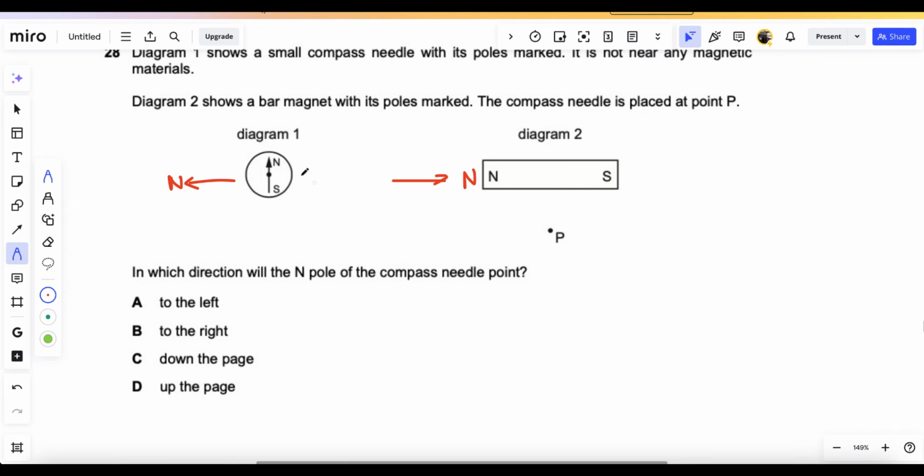So this one cannot turn to this side. So it has to turn in the opposite direction. So it will point towards the right. Okay? This is called right in this context.